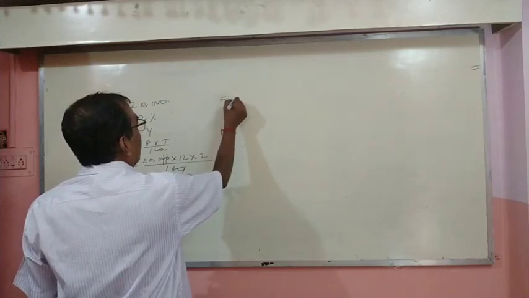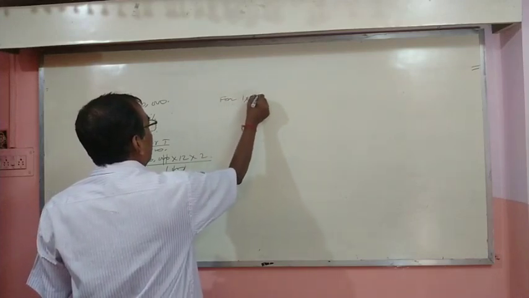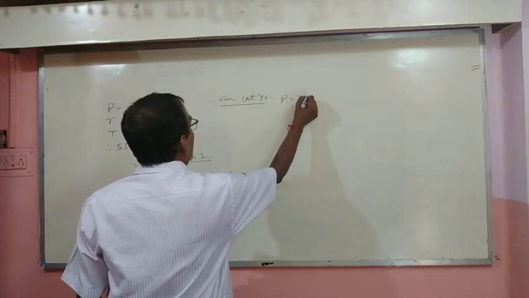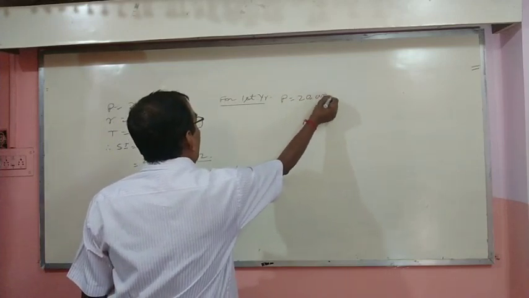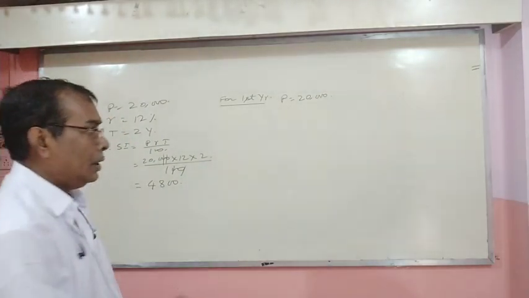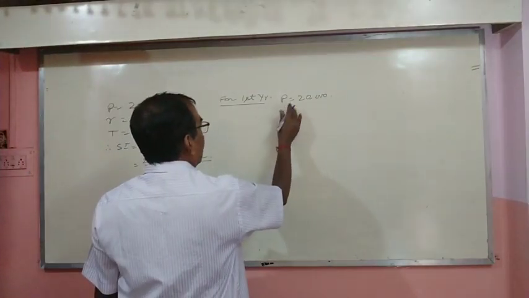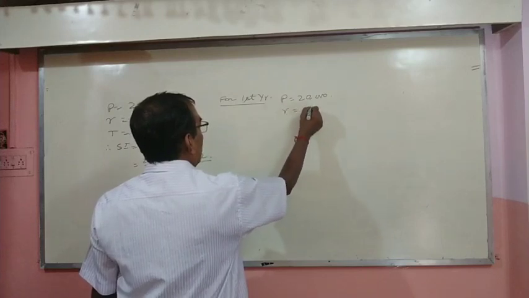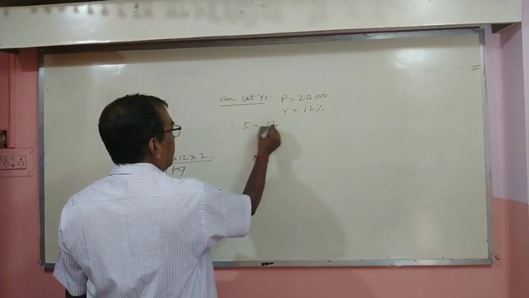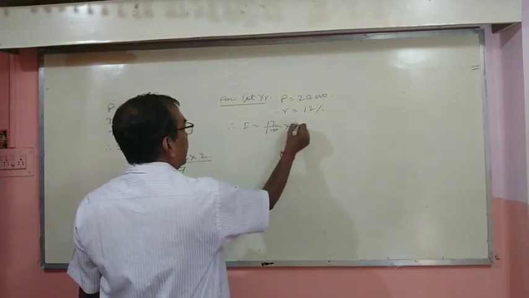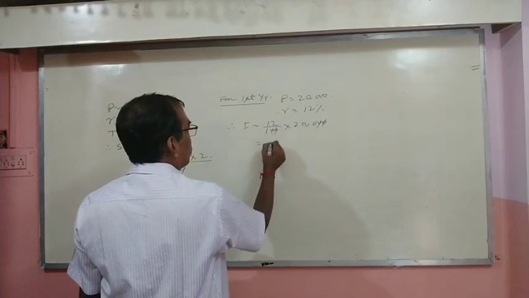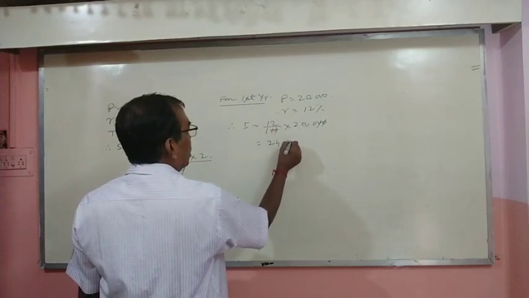For the first year, principal amount is equal to 20,000, given to my friend Alam at the rate of 12%. Interest is equal to 12 by 100 of 20,000, which is 2,400.